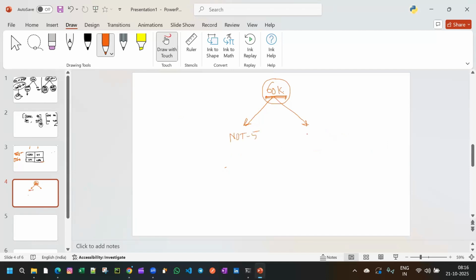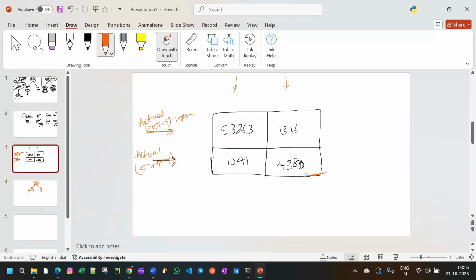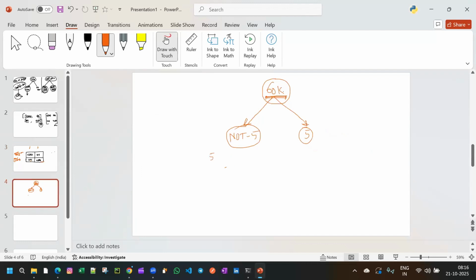How many is my model predicting as a 5? That is my objective in the columns. The column is 53,263 plus 104. This plus this, okay? So 53,263 plus 104. What is the value?